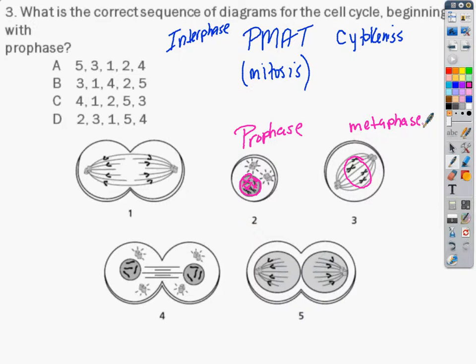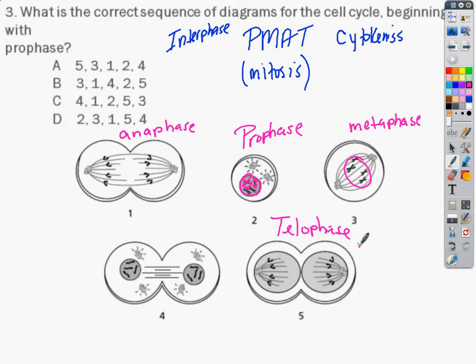Once they're lined up, they have to start to pull apart. And at this point, you'll start getting 2 cells. And so that's going to be anaphase. And then the last part of mitosis is telophase. Telophase is where you start to see the nucleus start to reform, but you still have two cells.